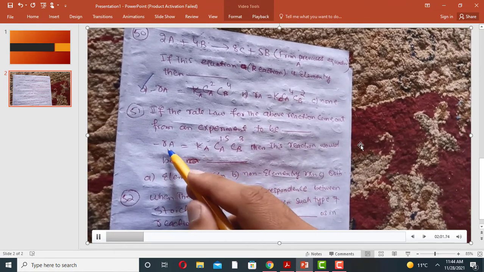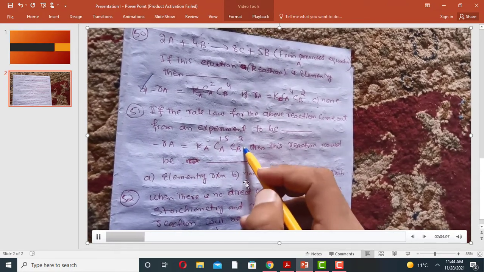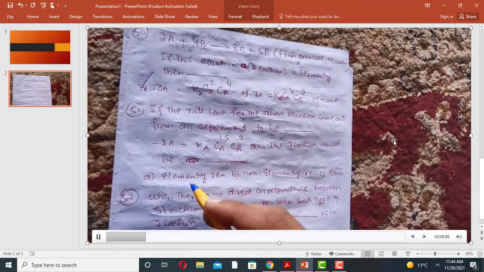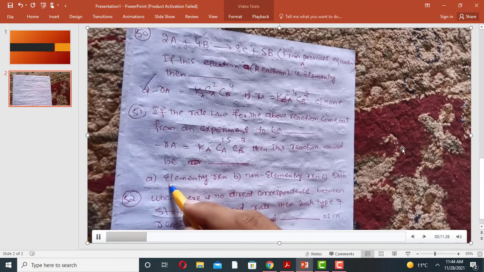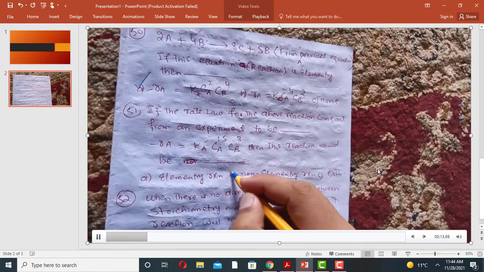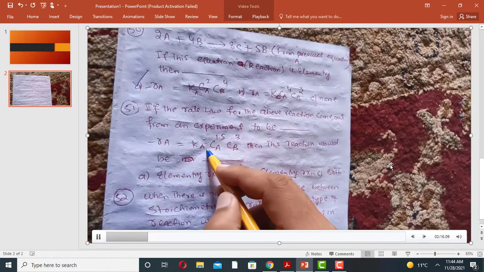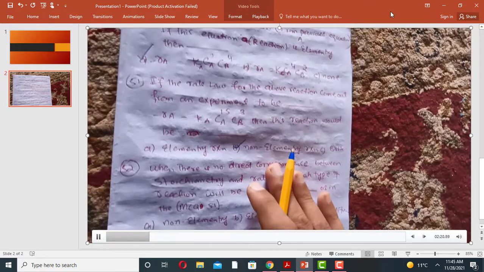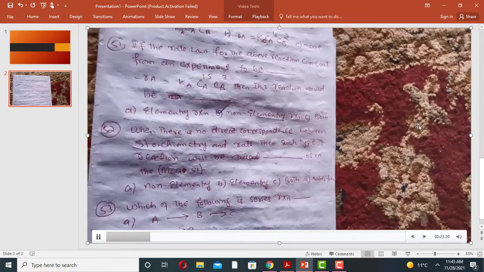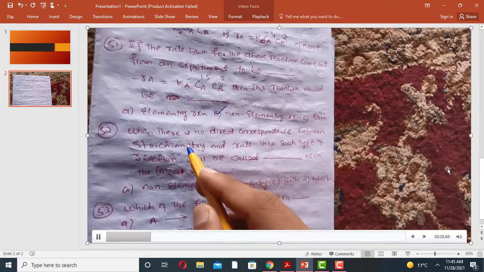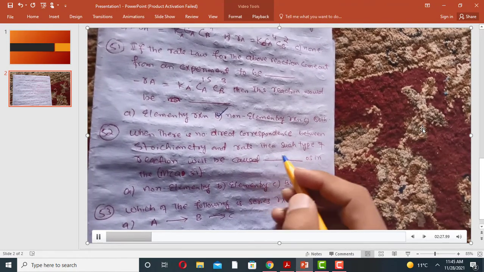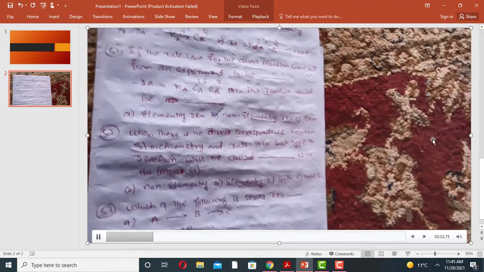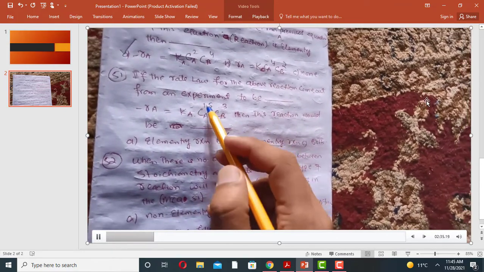If we perform some experiment and obtain the rate law in this form, then this reaction is not an elementary reaction. So it will be non-elementary, because the rate law does not correspond to the stoichiometric coefficients.